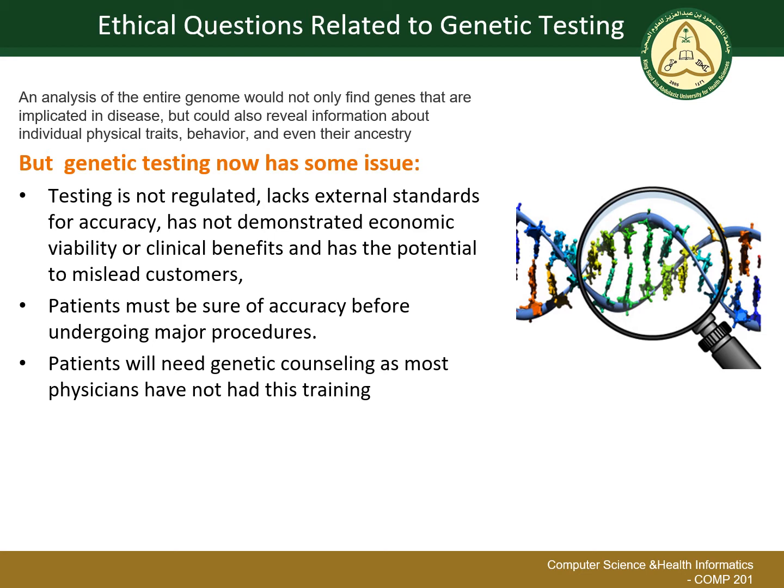The analysis of the entire genome would not only find the genes responsible for a specific disease, but could also reveal private, confidential information about the individual's physical traits, behavior, and even their ancestry.